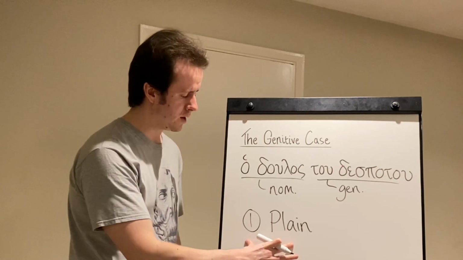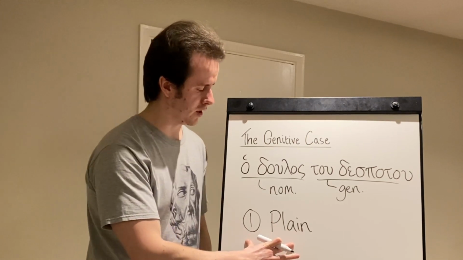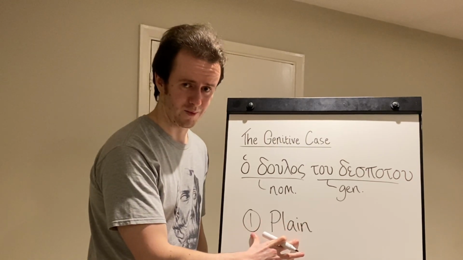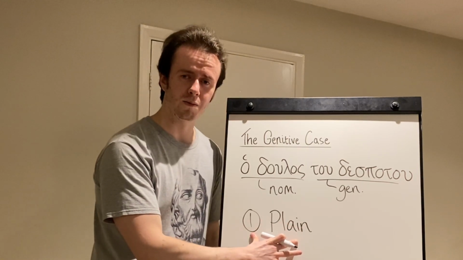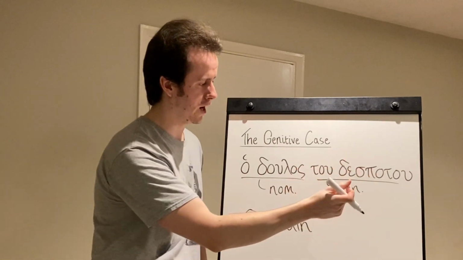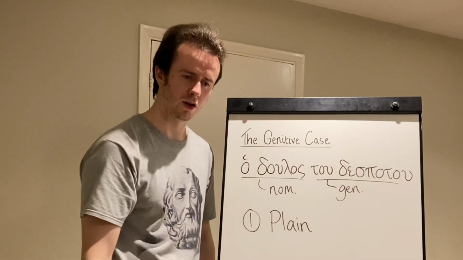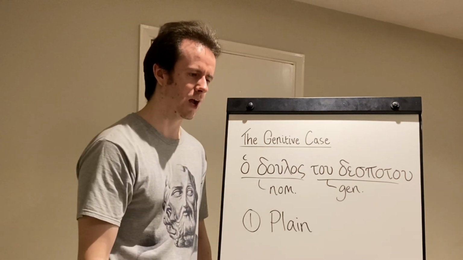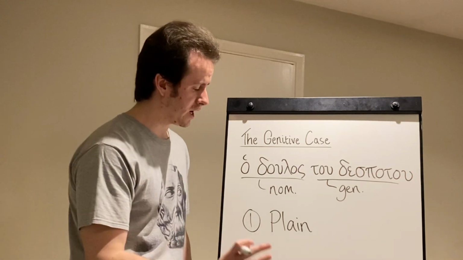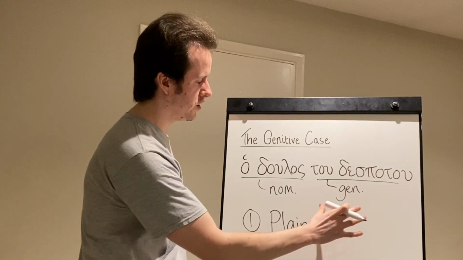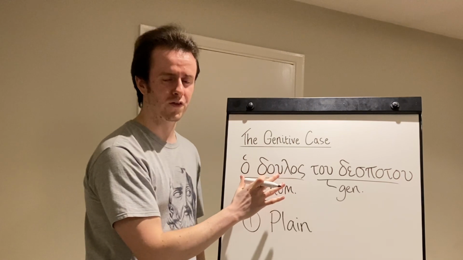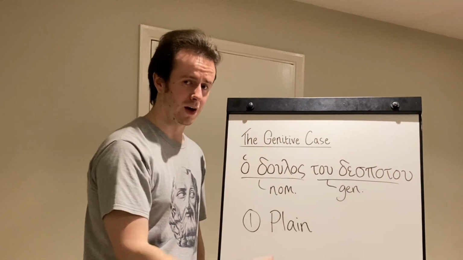So the first way of deploying genitive nouns in ancient Greek is the plain method. That is to say, simply adding the genitive noun or the genitive definite article and noun to the sentence. You just stick them into the sentence as another component of that sentence. And it's worth noting that in the case of a plain deployment, the genitive phrase need not be on this side of the phrase that it applies to.